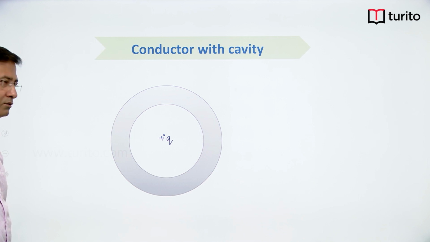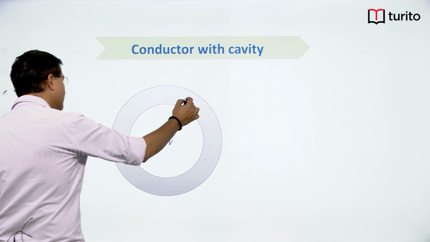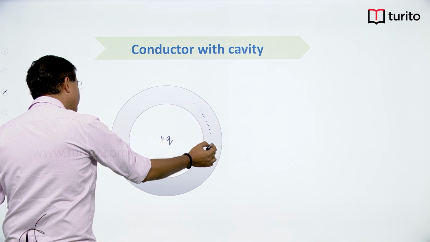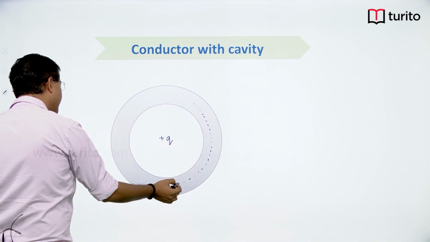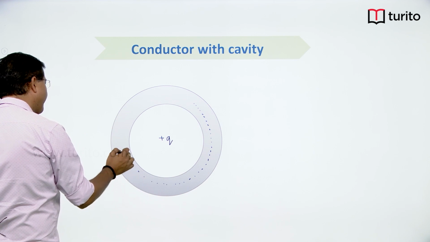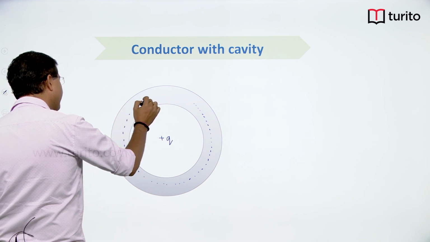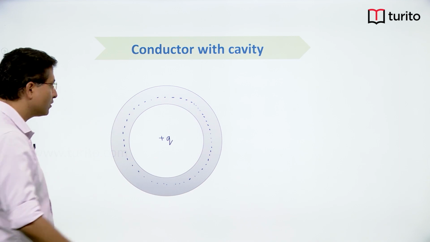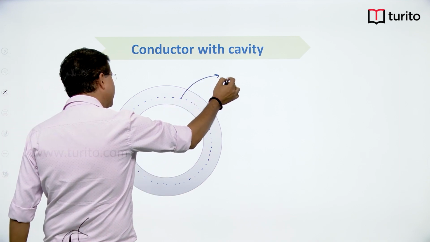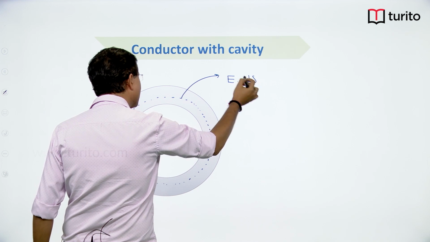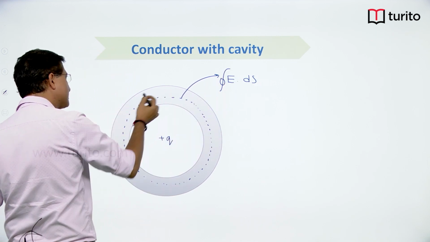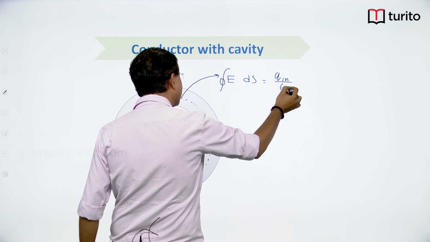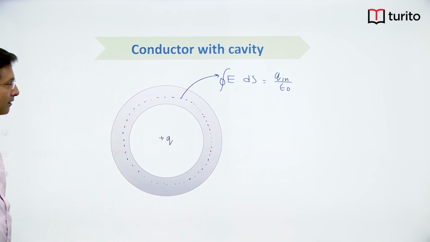Now, according to Gauss law, E dot ds for this surface must be equal to charge inside upon epsilon naught, right.